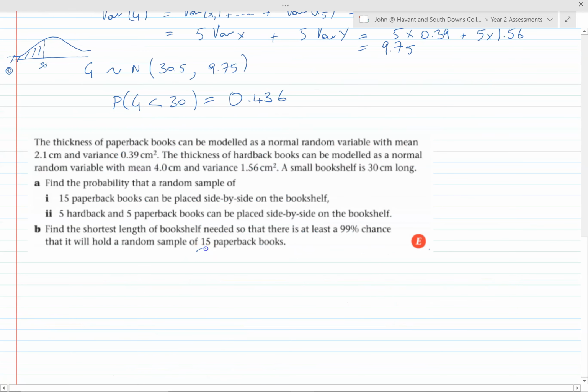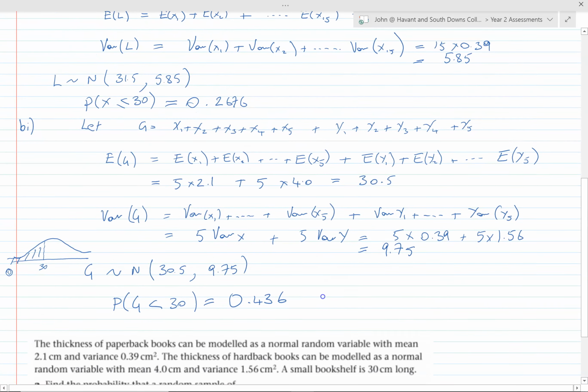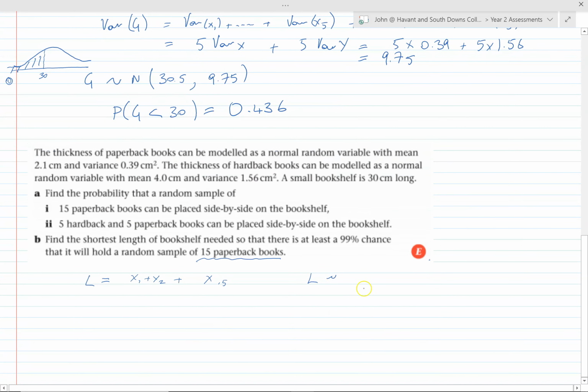Okay, and finally there's one extra. So we're back to talking about 15 of these. So this is our L that we had from before, the x1, x2 up to x15, where L is normally distributed with mean 31.5 and variance 5.85.